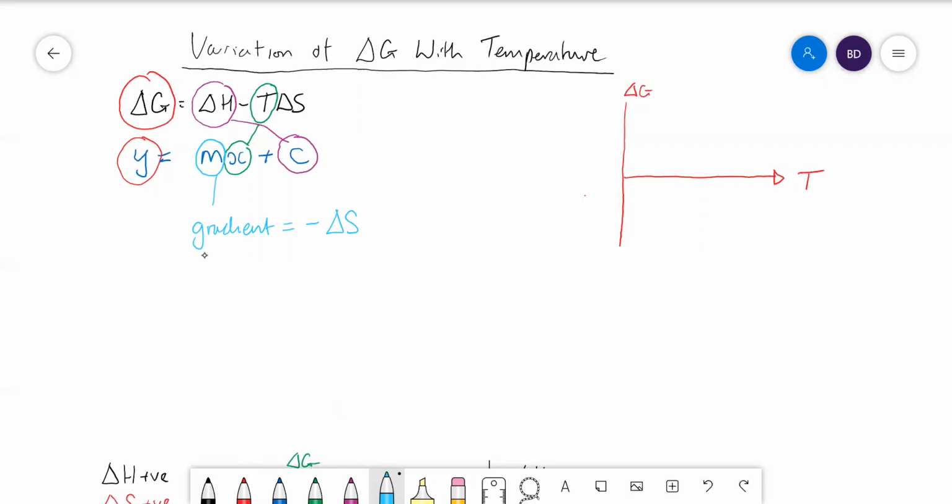So let's say we had, I'll just draw, okay, that line like that. Let's say we had a reaction which followed that blue line. What would that tell us? We look at our intercept there. The intercept is delta H, and that is positive, so this would be an endothermic reaction.